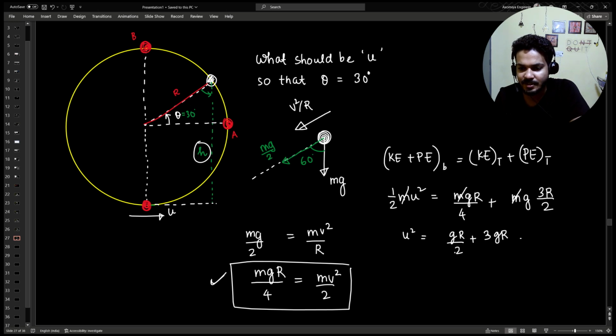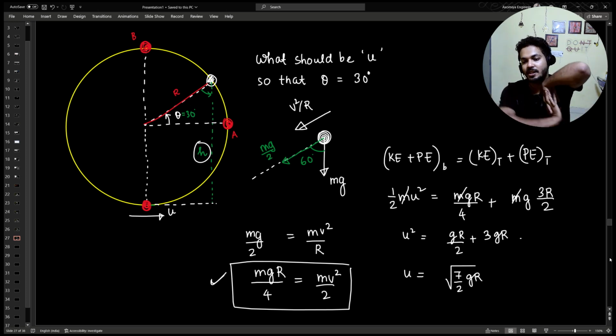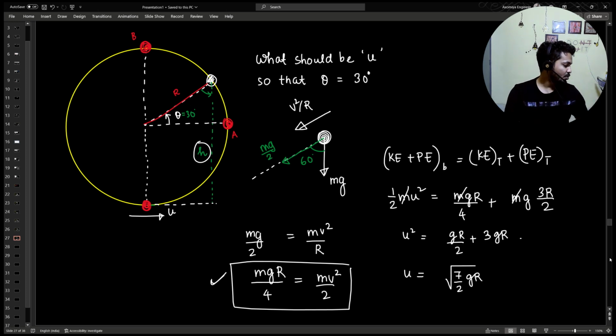So 3 plus half, guys, how much is 3.5, like 7 by 2. So u would be equal to under root of 7 by 2 gr. Well, I guess you're close, but the correct answer would be under root of 7 by 2 gr, which is like under root of 3.5 gr. So please let me know if you understood this. You should be able to, because again, we started from the basics and basics and basics.